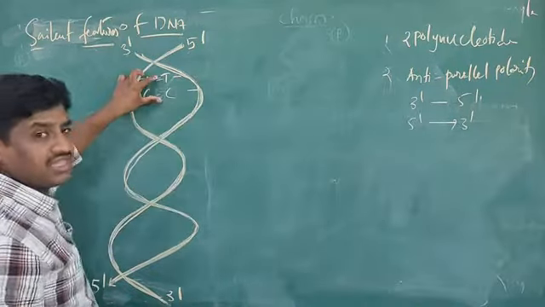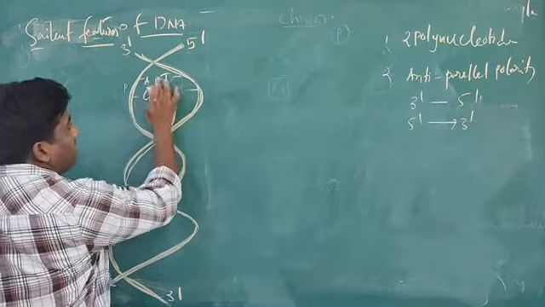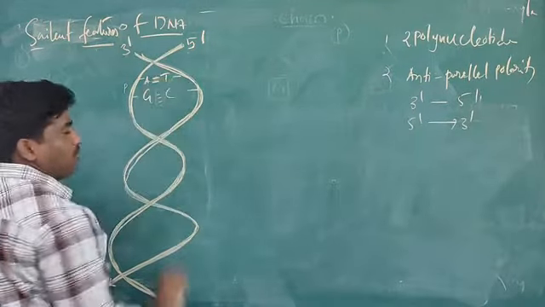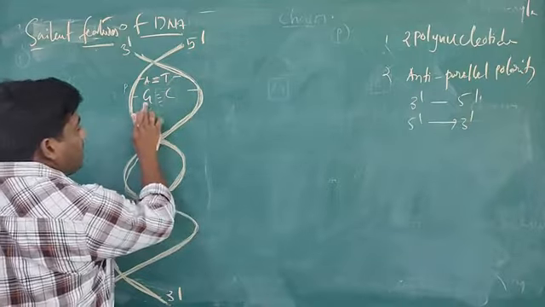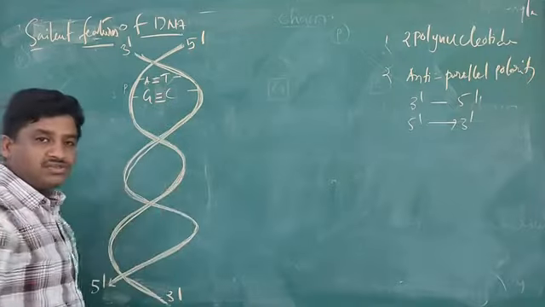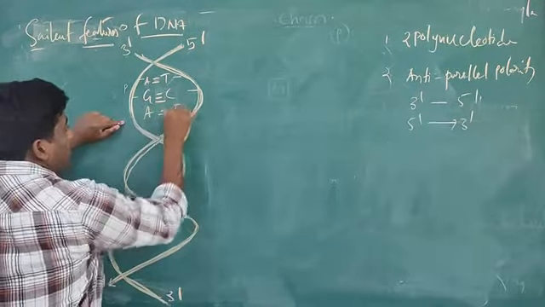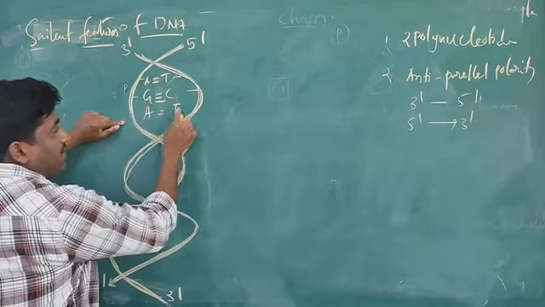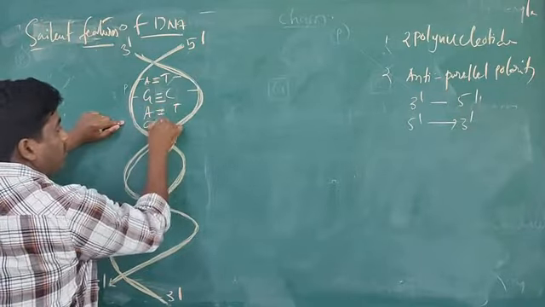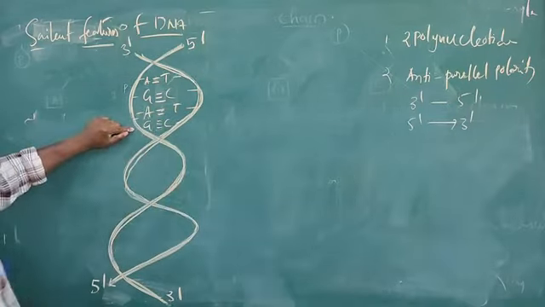Here adenine is bonded with thymine by two hydrogen bonds, and guanine is bonded with cytosine by three hydrogen bonds. Okay, very important.